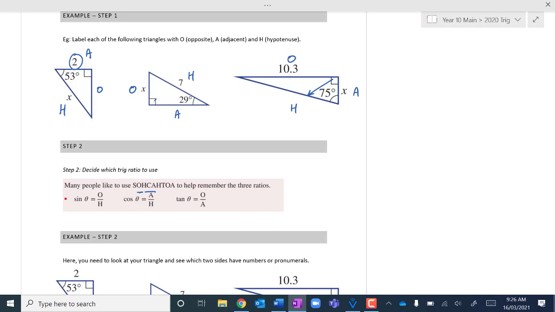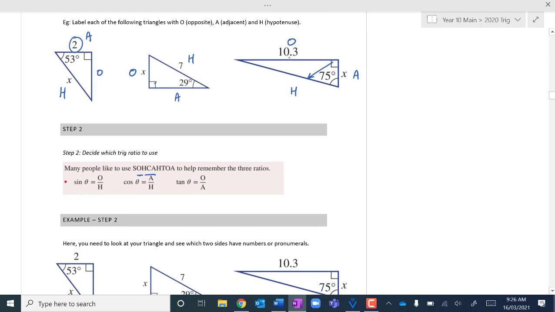Example 2, you now need to identify and look at your triangle and see what side lengths we're using.